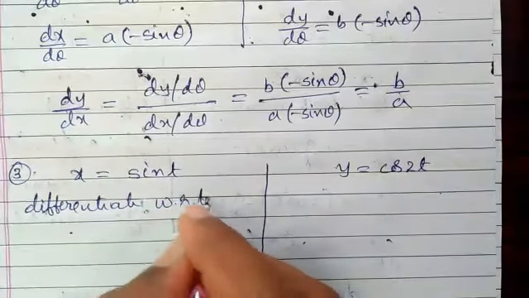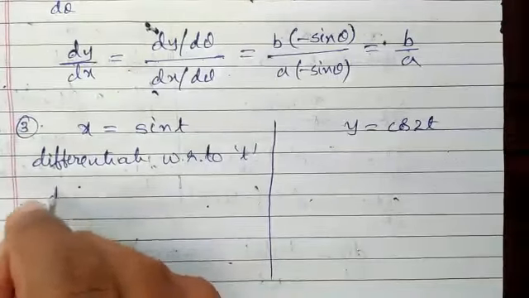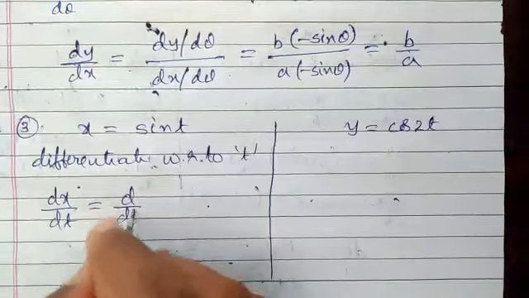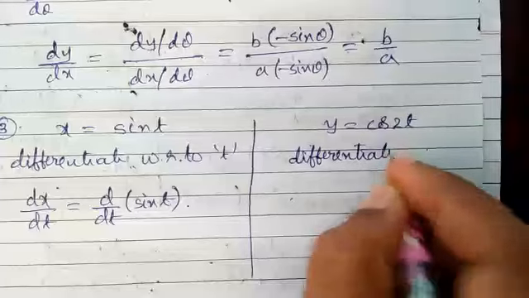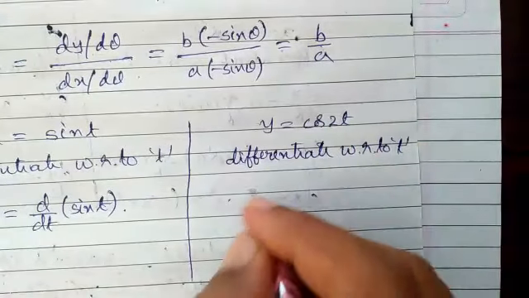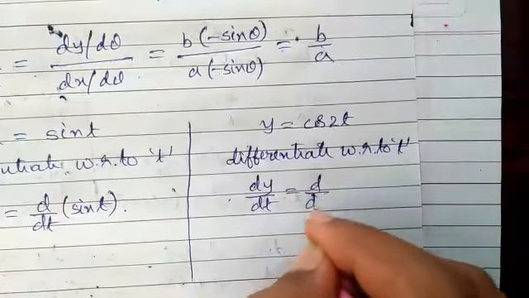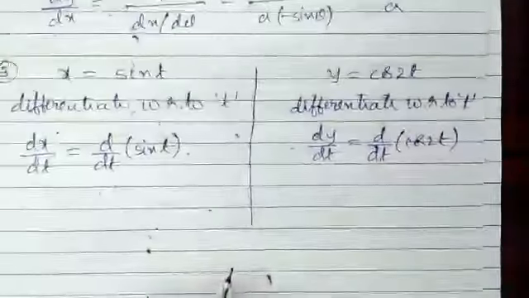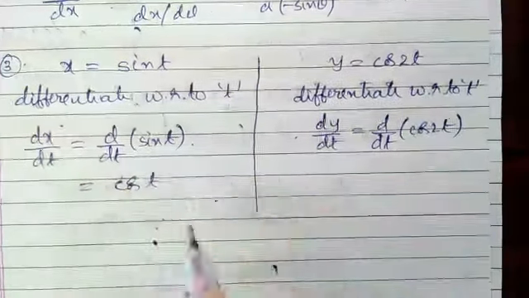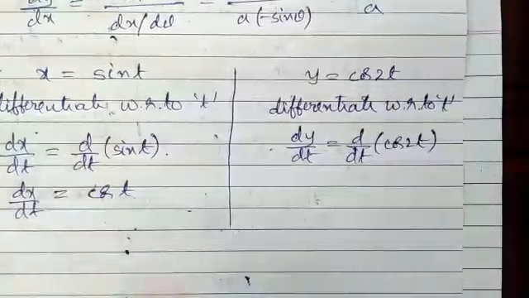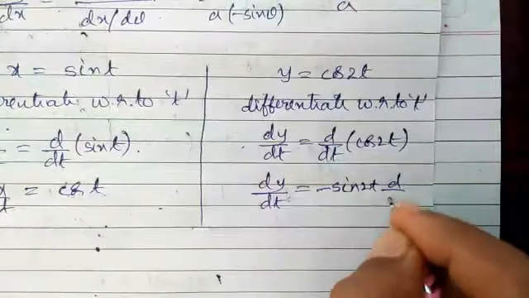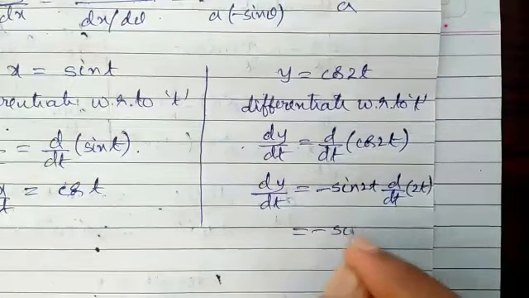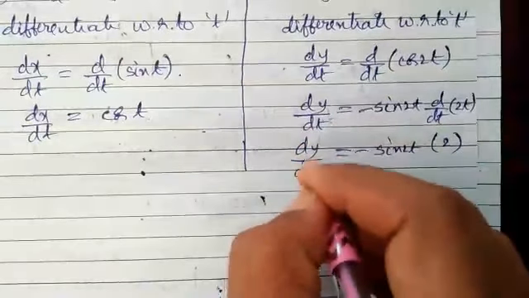Differentiate with respect to t. dx by dt is equal to d by dt of sin t, and dy by dt is equal to d by dt of cos 2t. d by dt of sin t means cos t. dy by dt, cos 2t means minus sin 2t into d by dt of 2t, so minus sin 2t into 2 will come, since d by dt of 2t is 2. This is the dy by dt result.